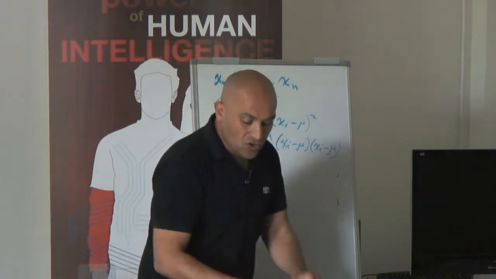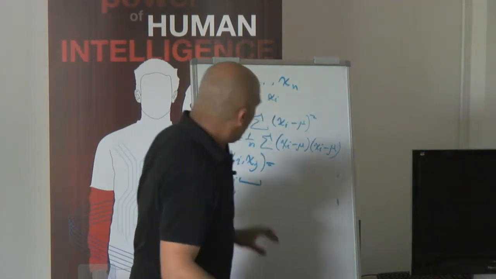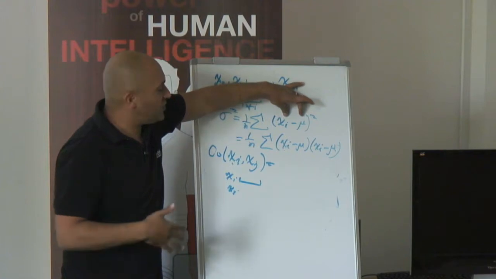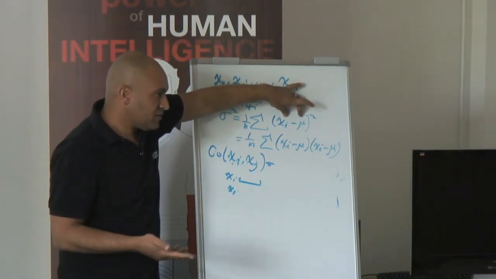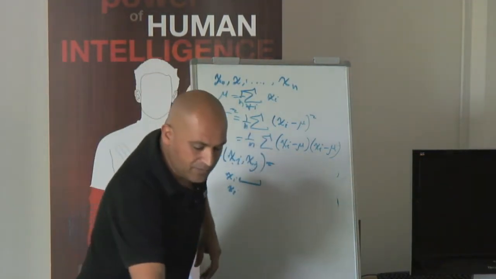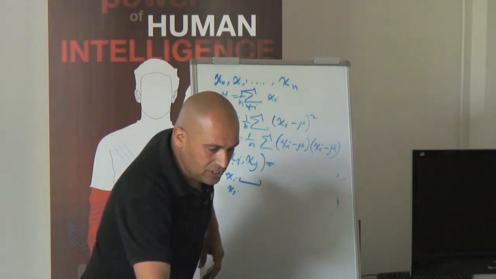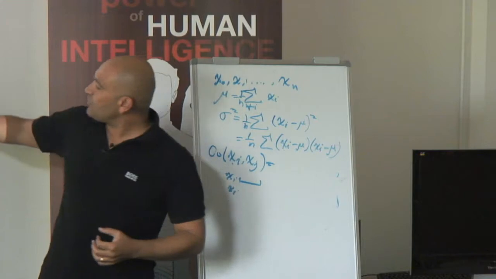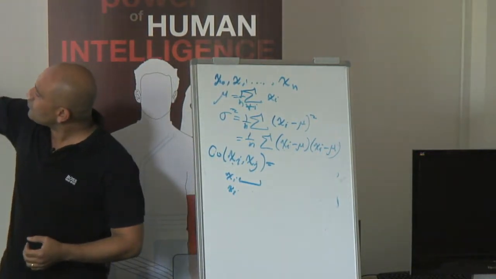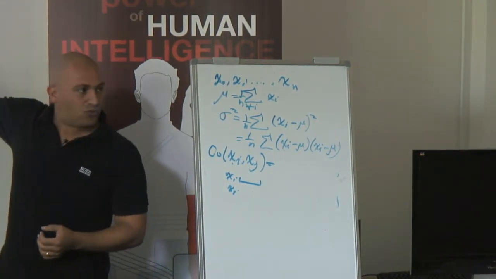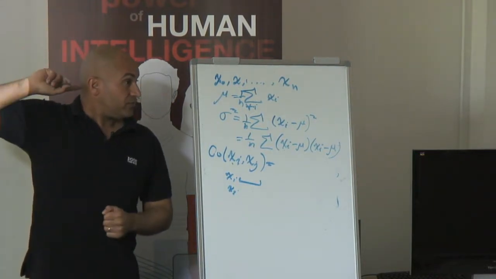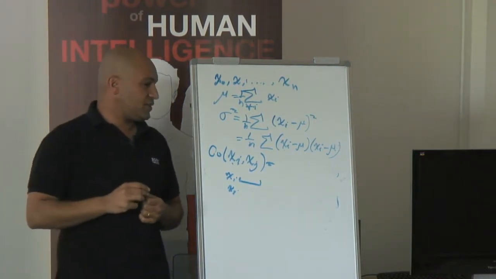So the variance gives you the relation between the points with respect to the mean. The covariance aims to give you a relation between all the points, a value which determines the relation between these vectors. This is what we call the covariance matrix.